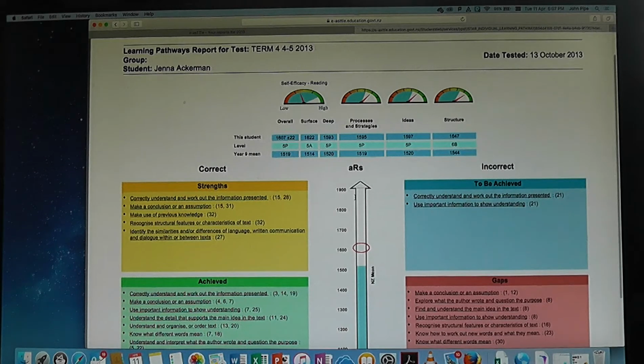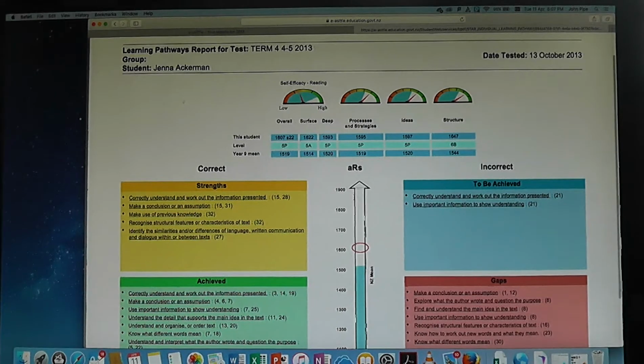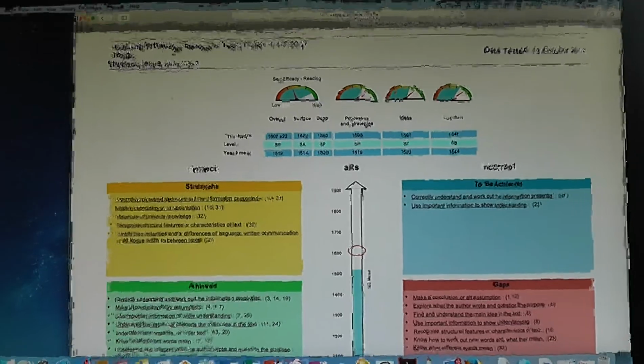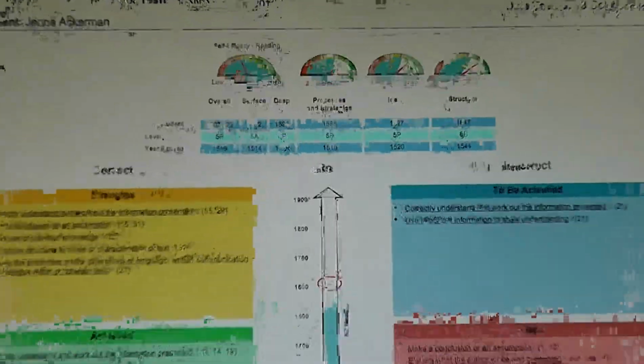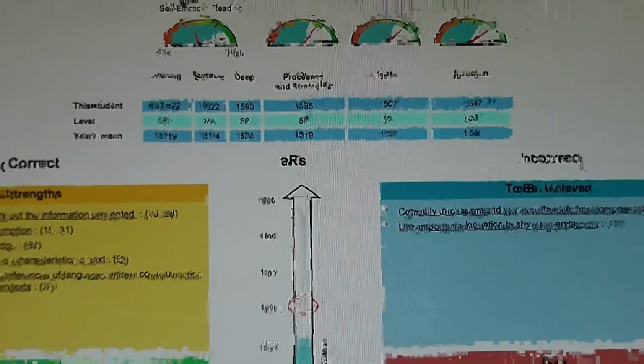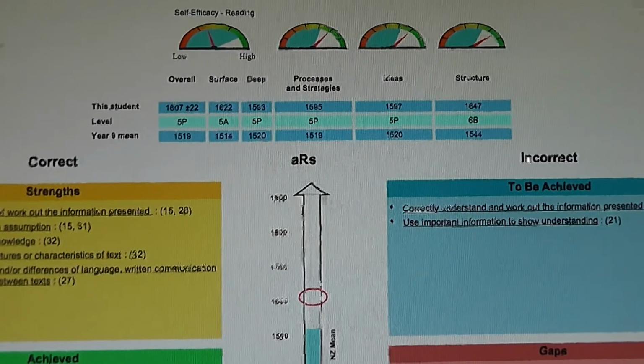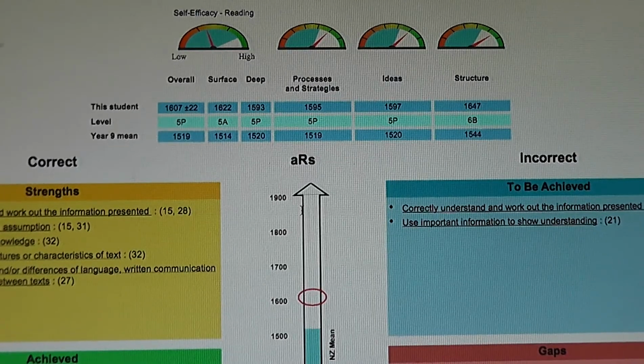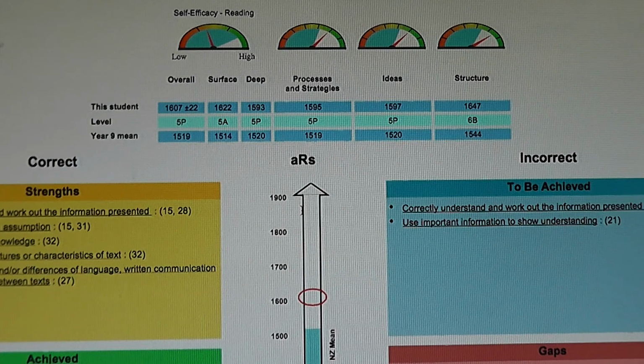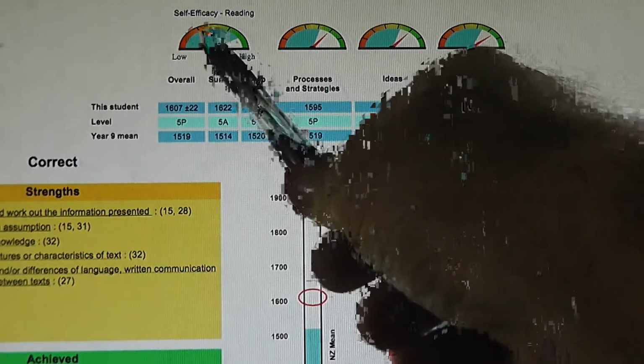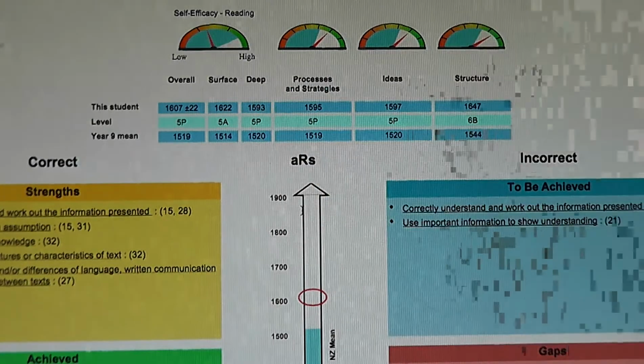I'm just going to take you through what each one of these little profiles means, so you've got a bit of an idea. If we look first of all at the speedos here at the top, we'll just use a pen actually to point them out. That speedo there is self-efficacy reading.